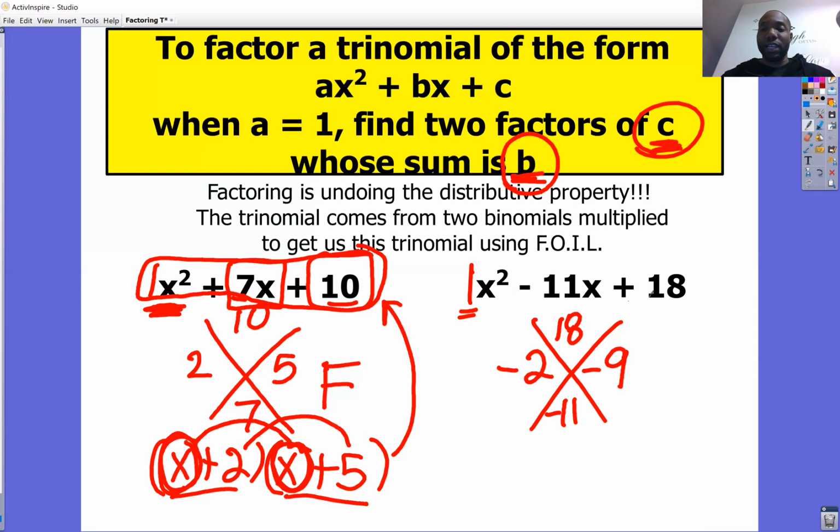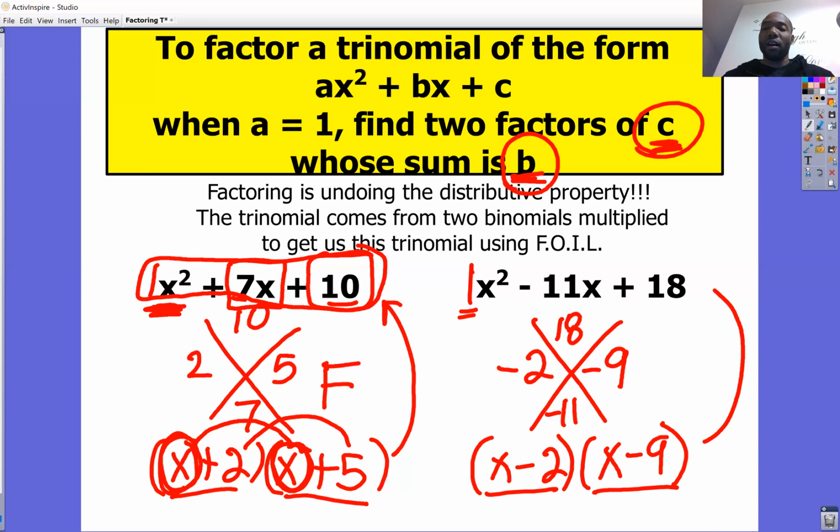The only way we can get a negative by adding is to have two negatives, and the only way to get a positive by multiplying, you have to have two negatives. All right, so we end up with x minus 2 times x minus 9. We know that these are factors of x squared minus 11x plus 18. That's what we know. They're factors. And if we multiply them out, we will end up with this original expression.